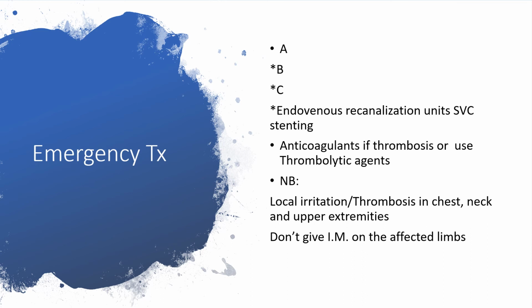And we have to start with A, that is the airway. Is the airway patent? Any foreign body, any secretions, we have to suction or remove as may be appropriate. B, for breathing, what is the O2 sat? If it's low, we give oxygen. What is the respiratory rate?